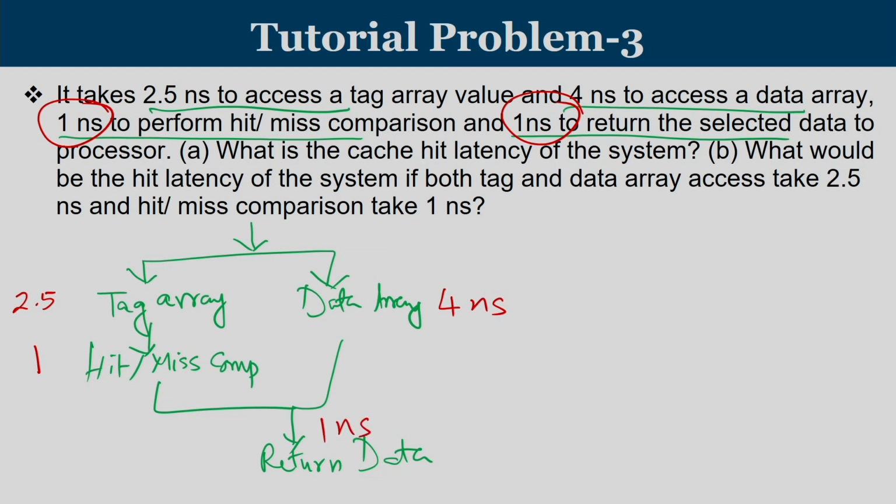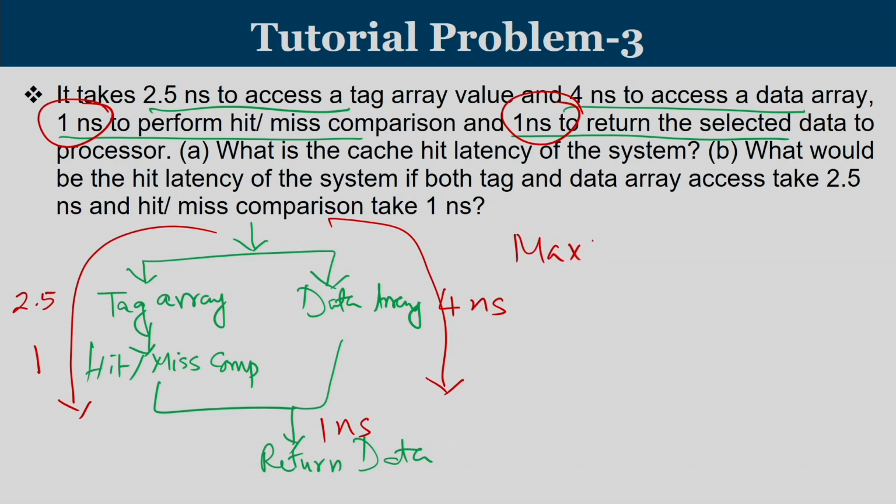So, it is like two parallel activities. One activity is accessing the tag array followed by comparison of the tag value, and the second channel is the data access. So, the access time depends on which of these two branches takes more time. The left side branch, the tag array and hit or miss comparison, takes 2.5 plus 1, that is 3.5 nanoseconds, and the right side, accessing the data array, takes 4 nanoseconds.